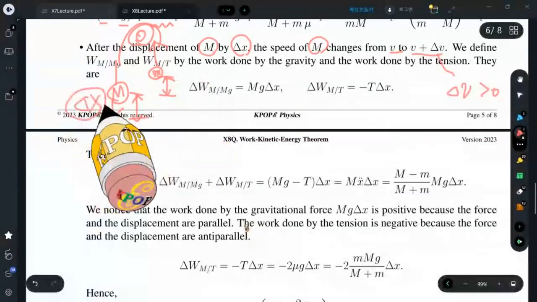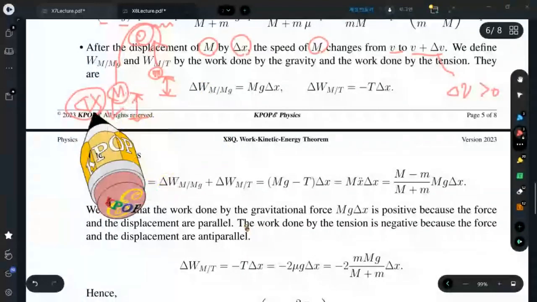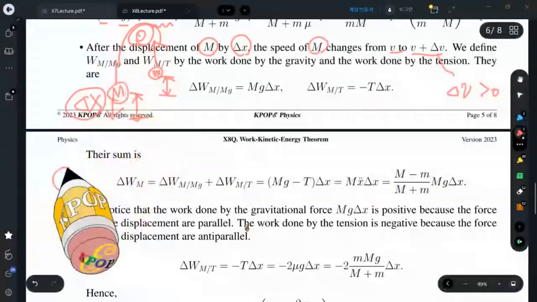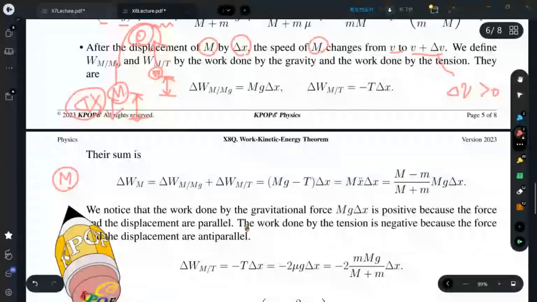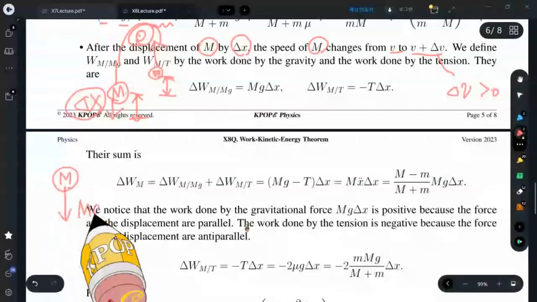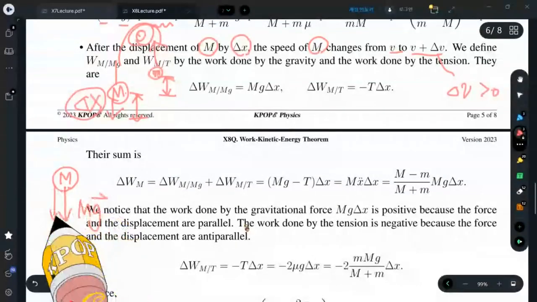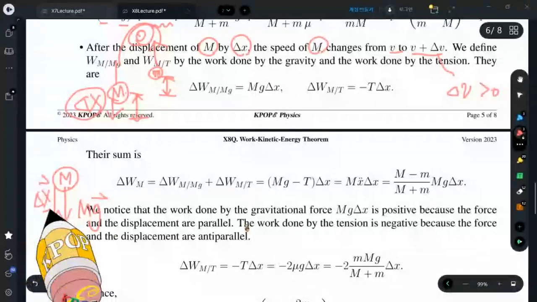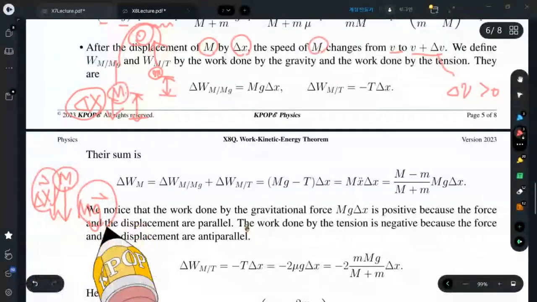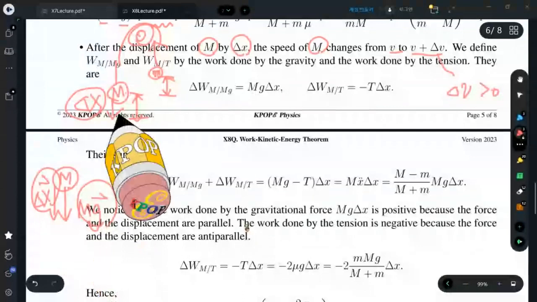After the displacement of capital M by delta x, gravitational force mg applies here. What is the direction of the displacement? They are parallel, right?